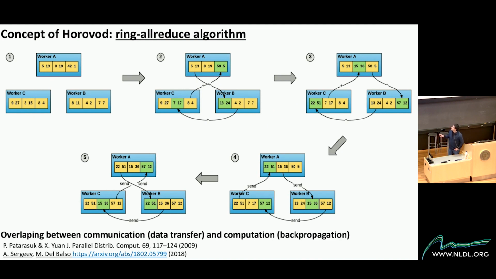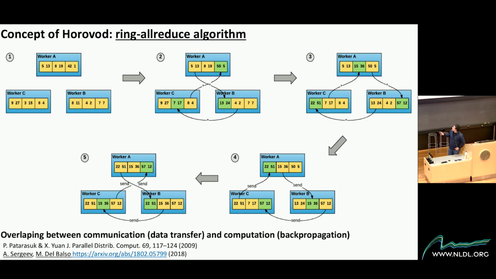So what would happen in the second step is that worker A will exchange its value with worker B and sum up. So you end up with 13, 14. What happened is 5 plus 8 and 13 plus 11. Then you get 13 plus 24.